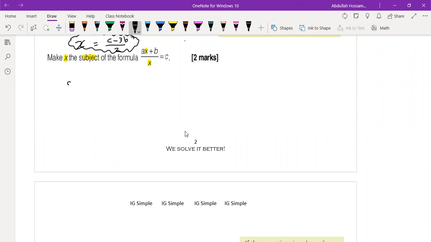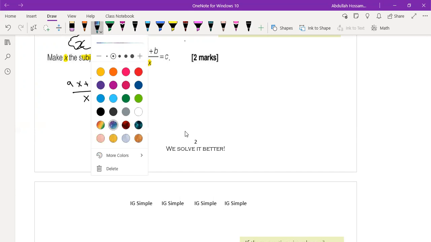So write it again: ax plus b over x equals c. I will multiply by x.